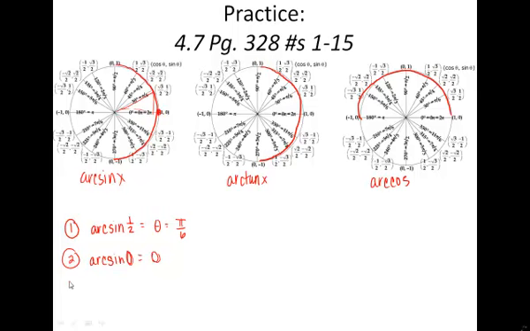Number 11, arc cosine of negative 1/2. So now I'm going to be looking at particularly these two quadrants, so this highlighted circle, and what we're going to say is we're trying to find the angle whose cosine was -1/2. So if you look at these, you can draw a triangle here and say, oh, does that work? Does that pi over 3 work?